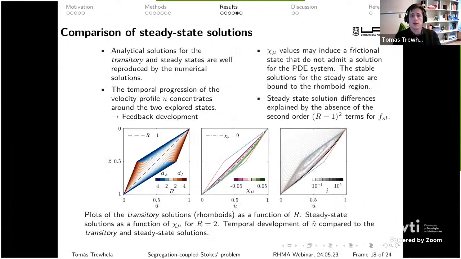And now to summarize and to compare the steady state solutions, I present this figure that is kind of a summary of not only the size ratio dependence, but also the chi mu dependence with the fully developed velocity profiles alongside these solutions that I found. So the transitory states are what you see in these red and blue tones.